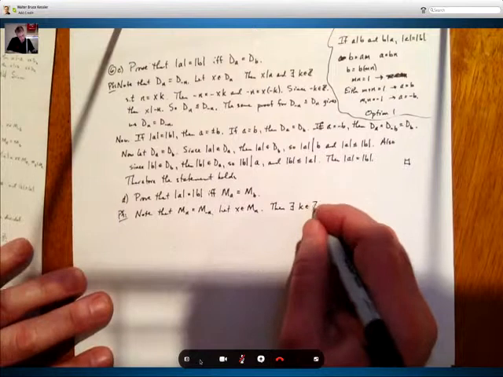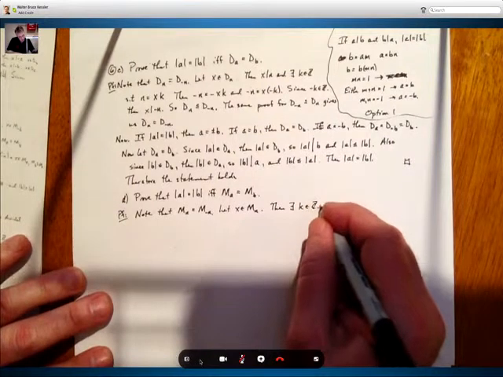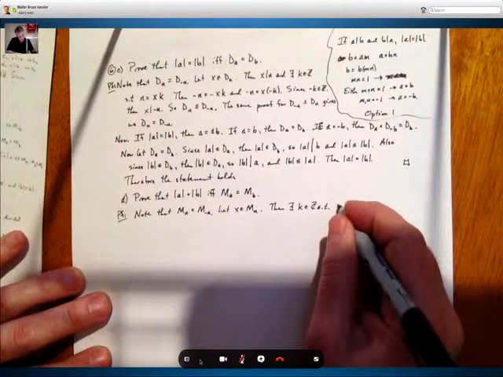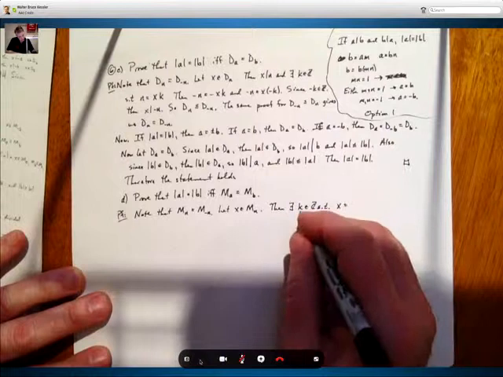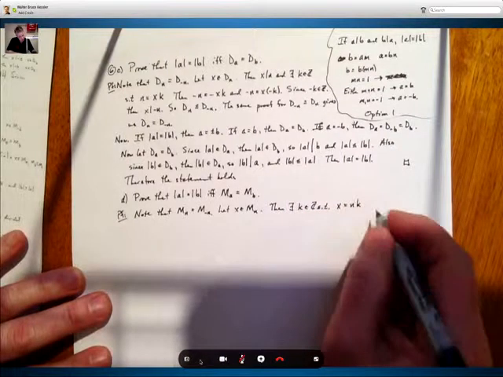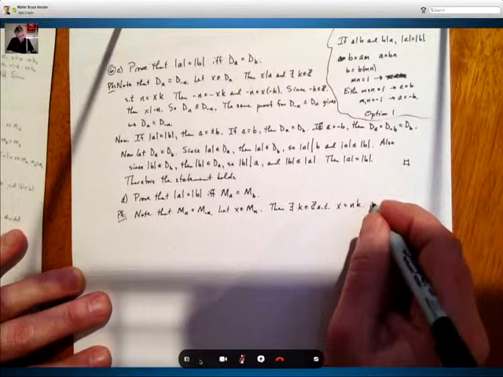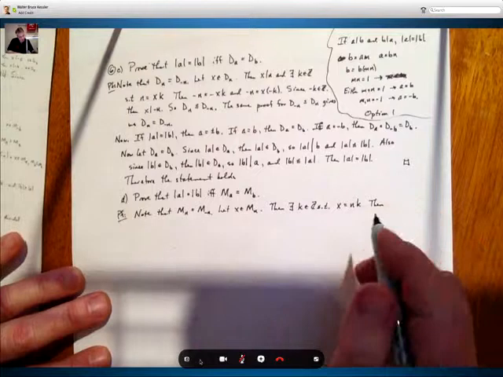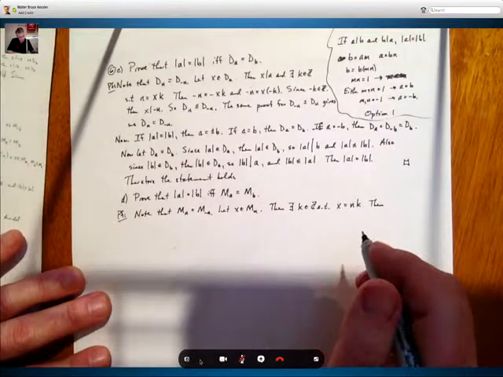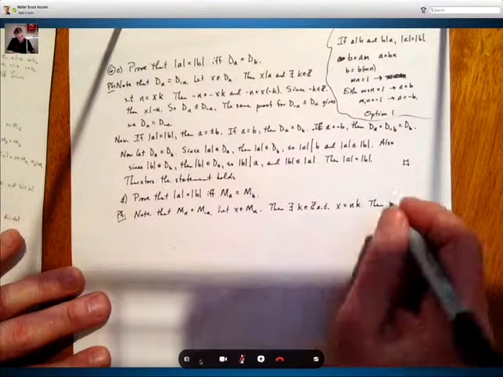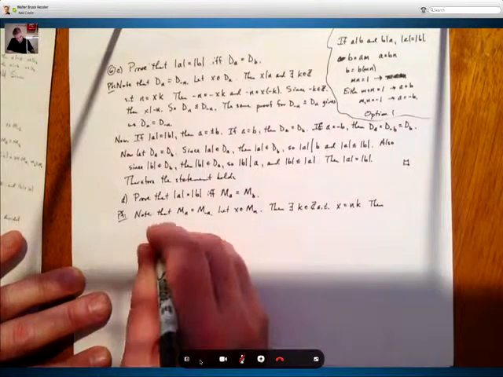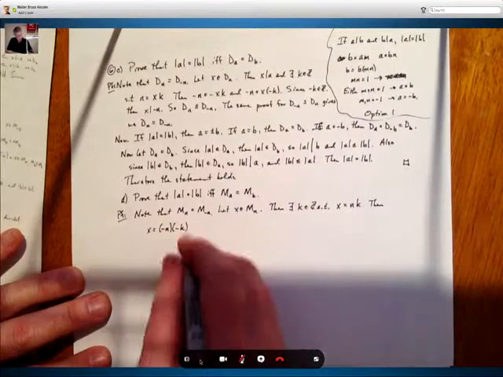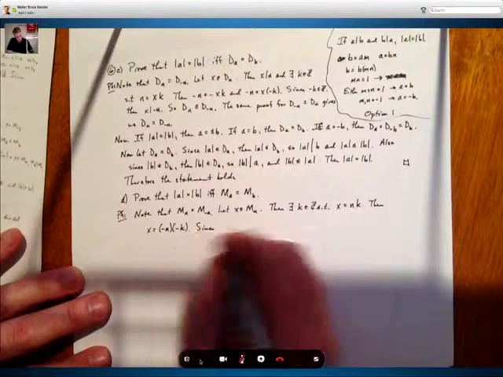Then there exists an integer k such that x is n times k. Then x is also equal to negative n times negative k.